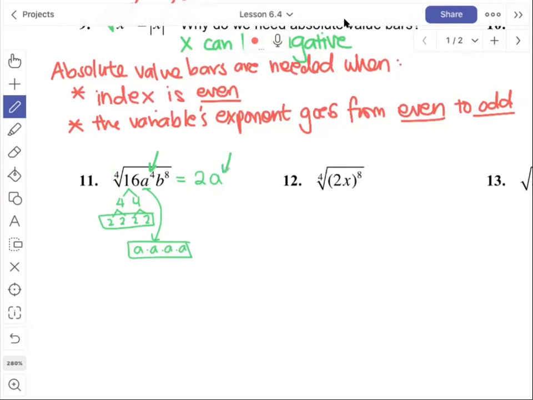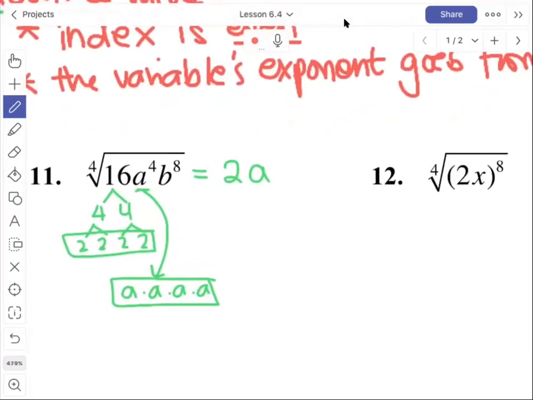Is the exponent outside odd? Does it go from even to odd? Yes. So what does that mean? We need absolute values. Absolute value. Thank you. It was right in front of me and I didn't even look at it. It's okay. All right, so we're going to put absolute values around the a.